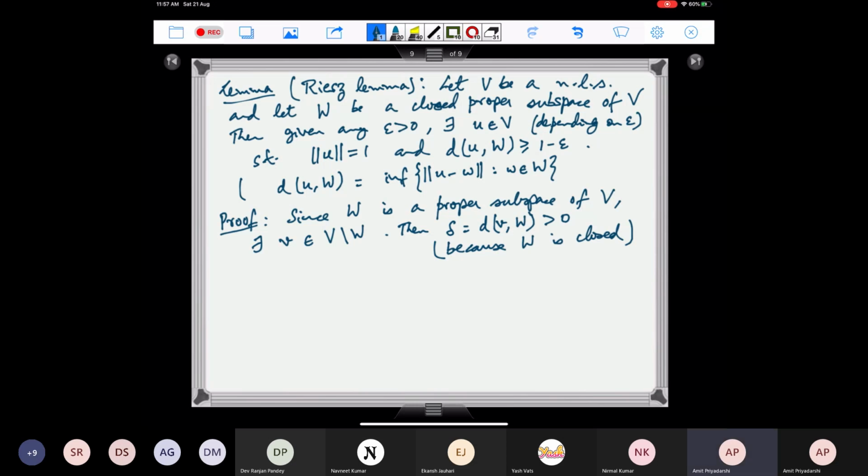So now, of course, we can assume that epsilon is less than 1, because if epsilon is greater than or equal to 1, then we have nothing to prove.